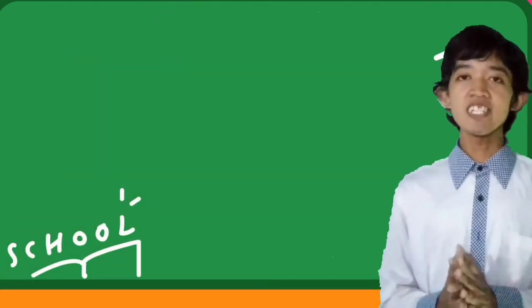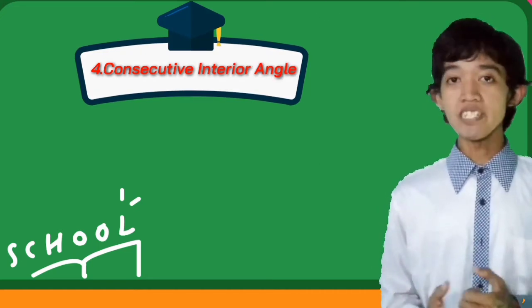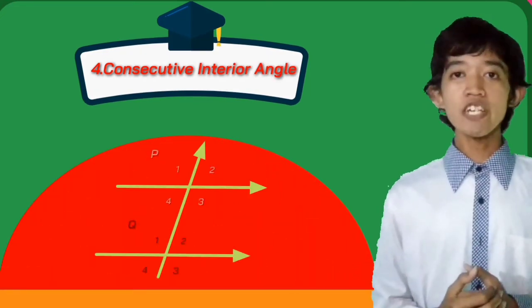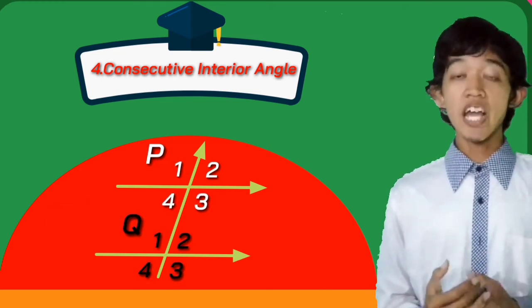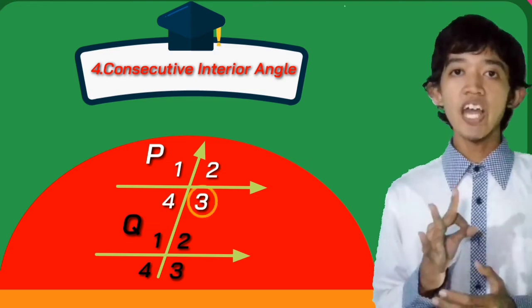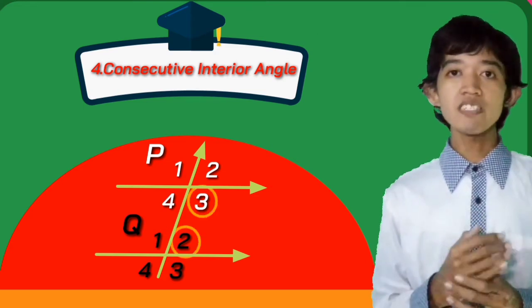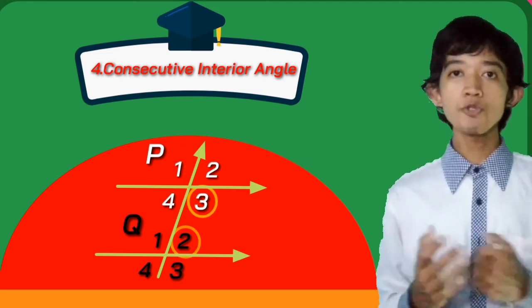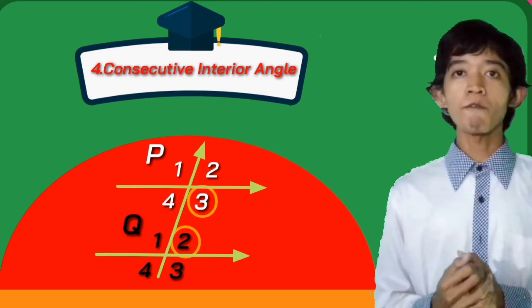Okay, next is consecutive interior angles. It means we are talking about the inside. For example, the angle P3 and Q2. P3 means this one and Q2, which means consecutive.